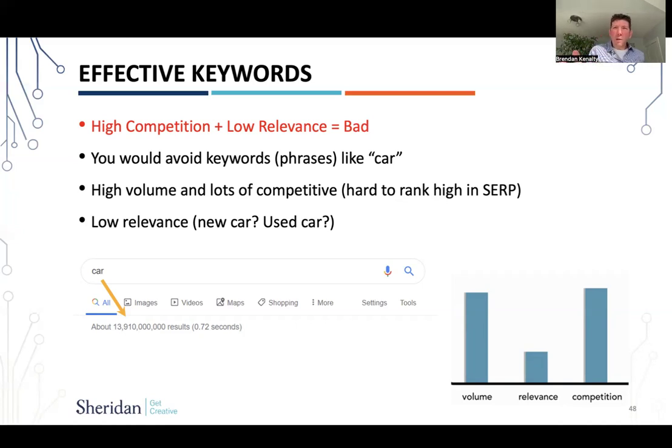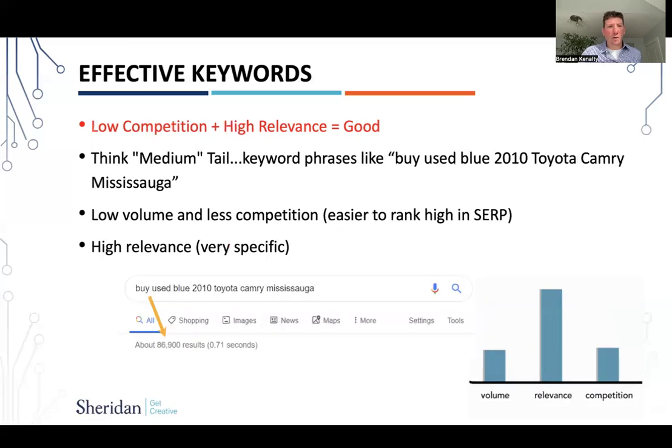So it's this idea that you want to be relevant and you want to get into things that aren't as competitive, so they're not as high volume. So maybe there's fewer people typing it in, but it's more specific and it's going to turn into a sale for you, right? So again, this is a little more specific. Buy used blue 2010 Toyota Camry Mississauga. Okay, that we can work with. That's more specific, right?